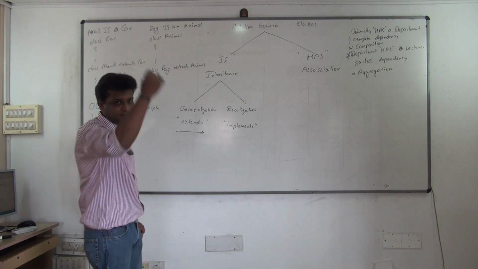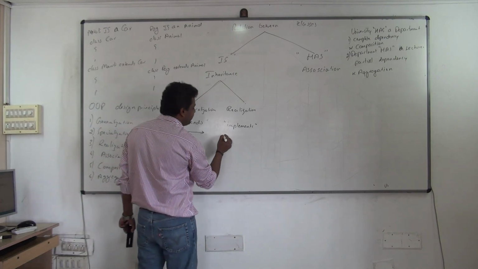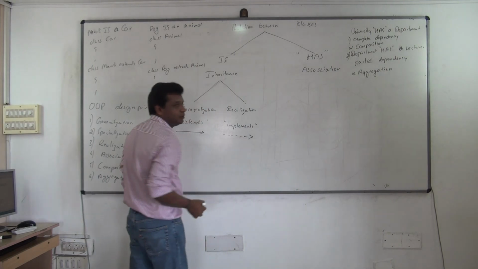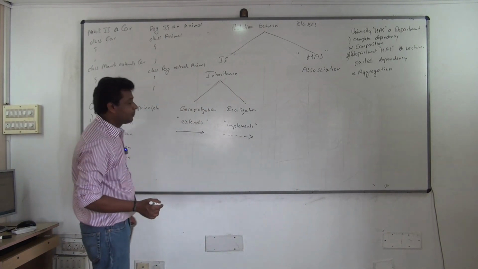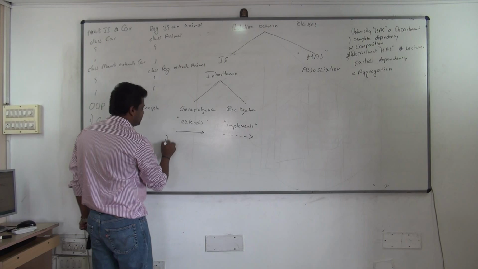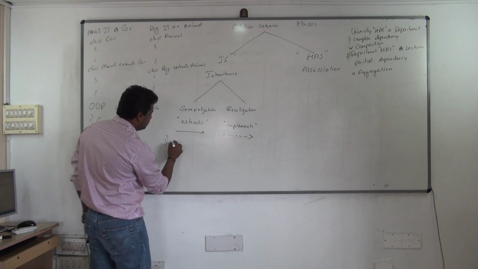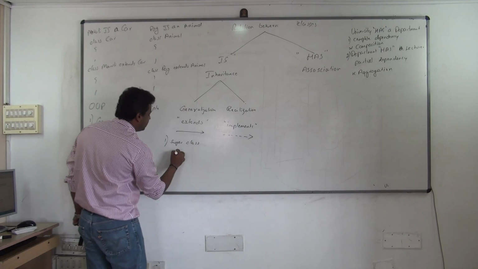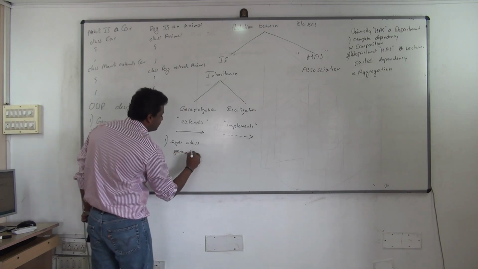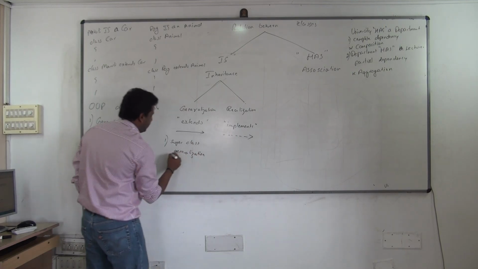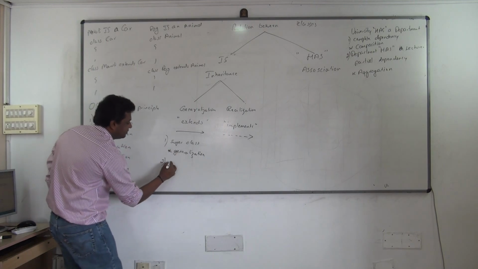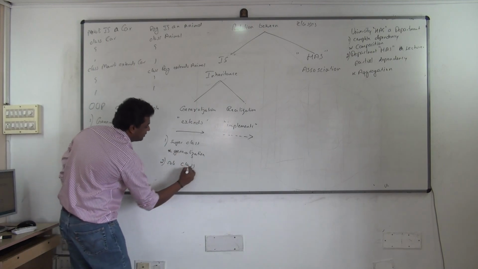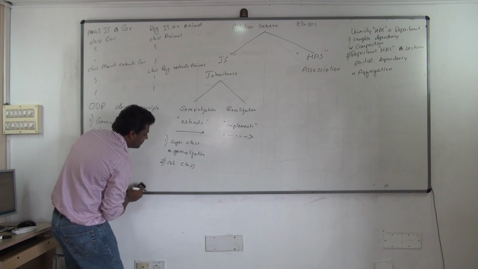For implements we use what? Dotted line. Understood? And for doing generalization, superclass helps you in achieving what? Generalization. And here notice, subclass is used for doing what? Specialization. You are getting it now.